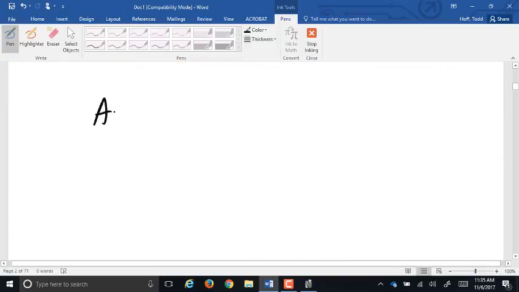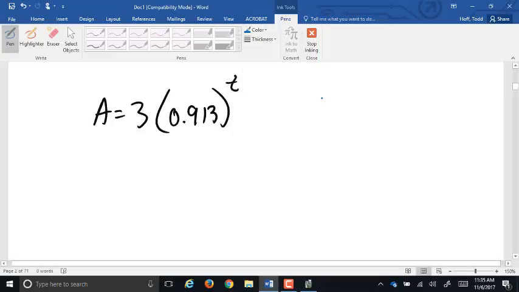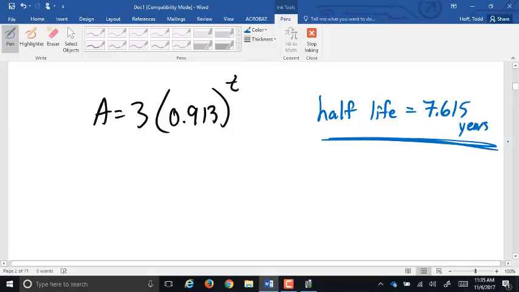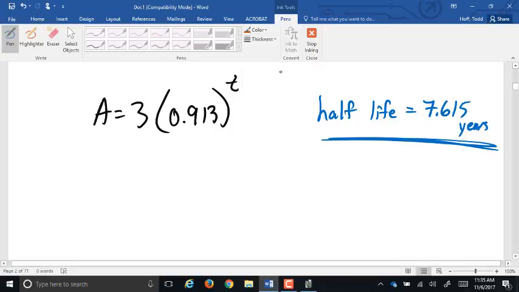So we had the amount equals 3 times 0.913 to the power of t, and we found the half-life, I'm going to put it out to 7.615 years. We can actually do a half-life model.